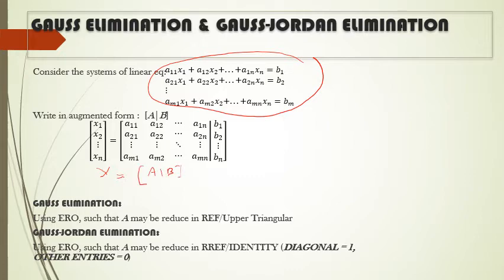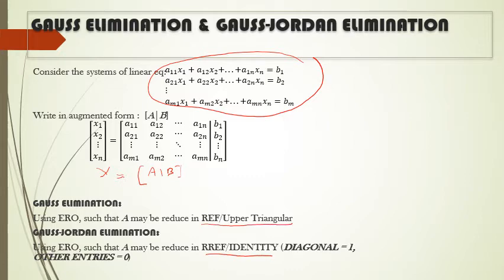So Gauss elimination is where we use ERO. We reduce with ERO until we get REF or upper triangular matrix. And for Gauss-Jordan elimination, we also use ERO, but we reduce until RREF or identity.